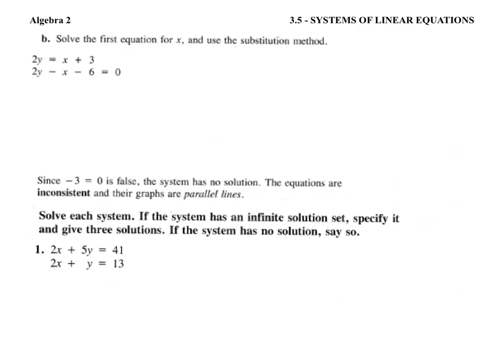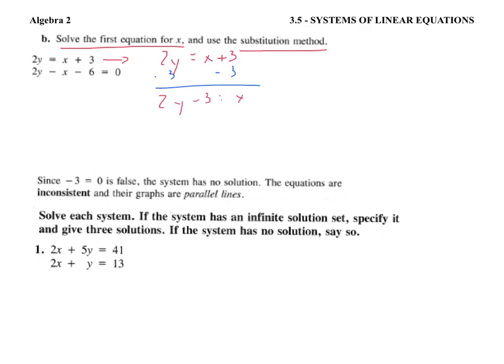The last example I'm going to work, it wants us to solve the first equation for x and use the substitution method. So if I take that first equation, what I can do is I can take 2y equals x plus 3. I will solve that by subtracting 3. Okay, and I get 2y minus 3 equals x.